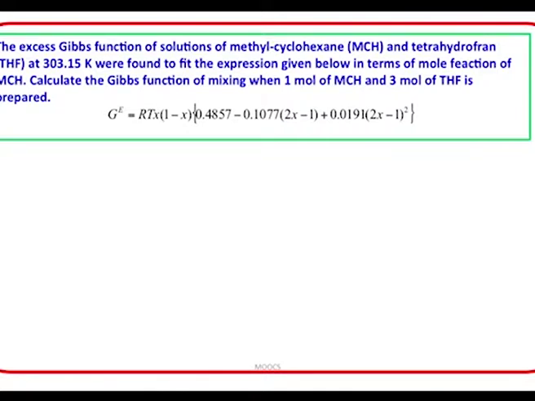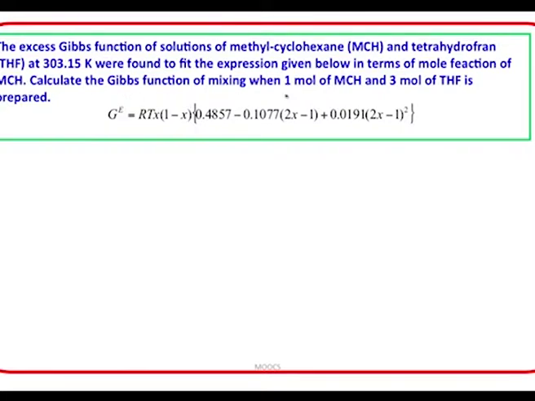And let us take a look at this question. According to this question, the excess Gibbs function of solutions of methyl cyclohexane represented as MCH and tetrahydrofuran at 303.15 Kelvin were found to fit the expression given below in terms of mole fraction of MCH.